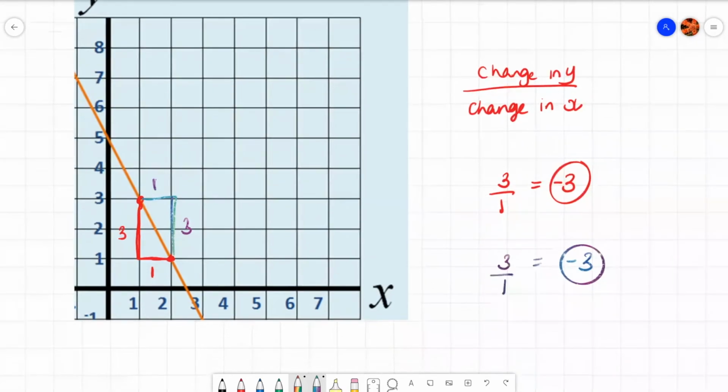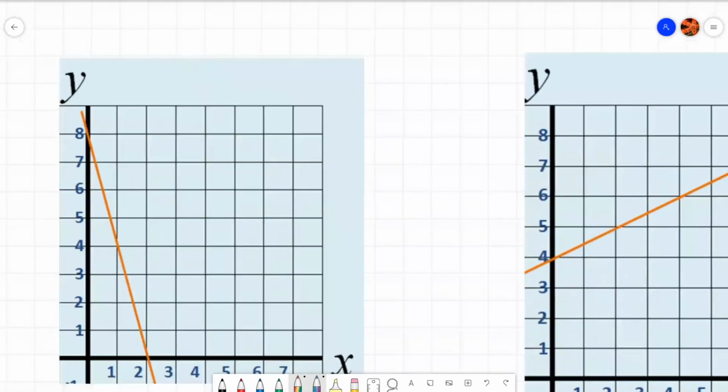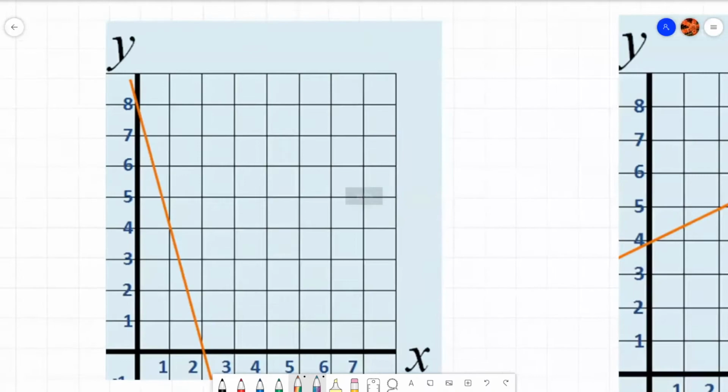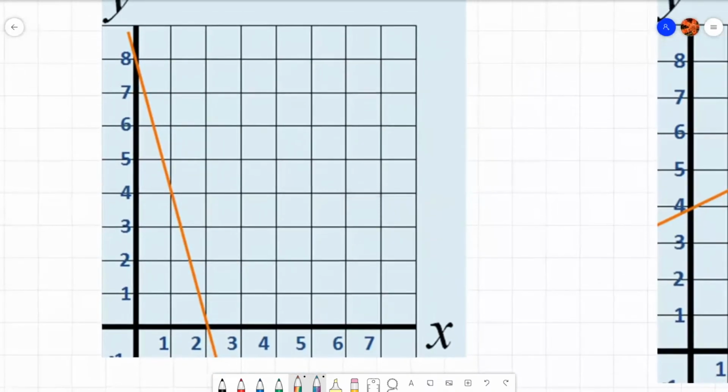One more example of a negative gradient. Here, I'm going to pick that coordinate and this one here. Again, draw myself a line there. The difference in x is 1, and the height is 0 to 4.